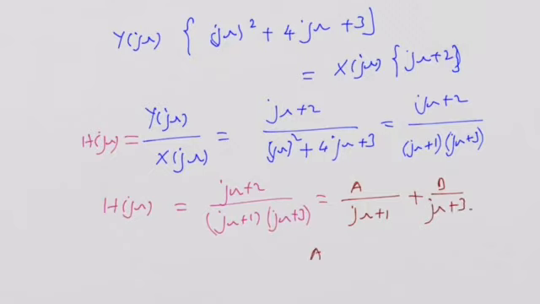If you find the constants, their values are 1/2 and 1/2, so A is equal to 0.5 and B is equal to 0.5. So H(jω) is given as 0.5 times 1/(jω + 1) plus 0.5 times 1/(jω + 3).